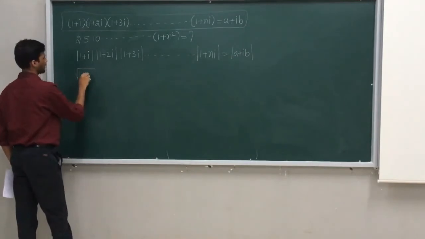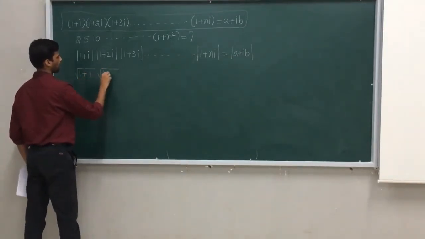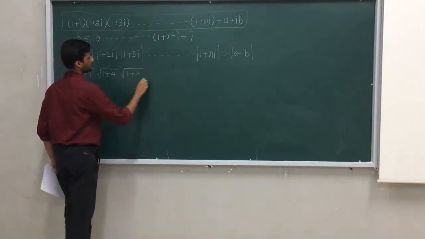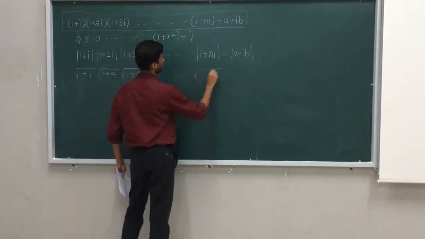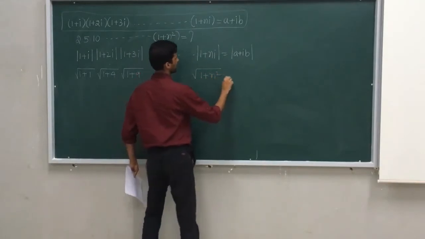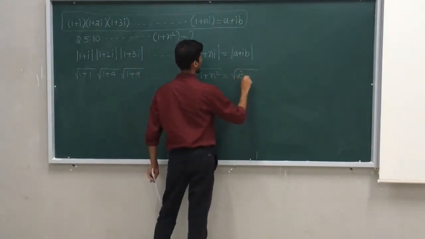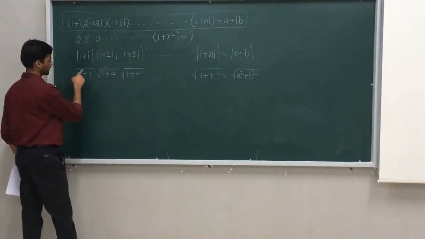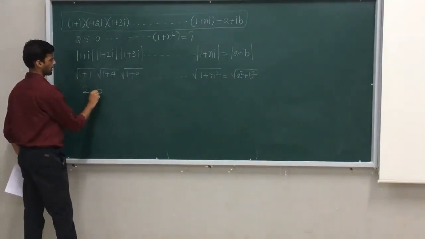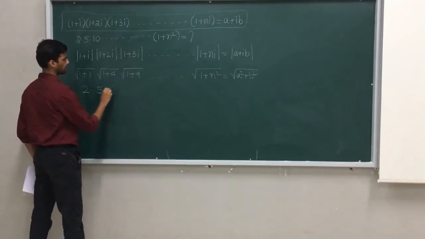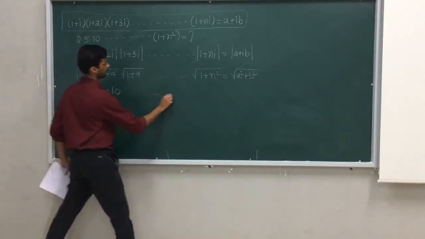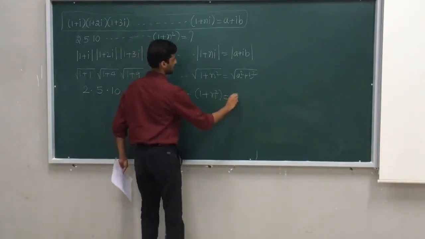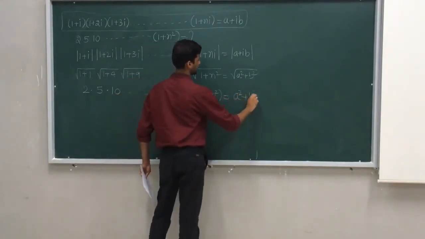Square root of 1 plus 1, square root of 1 plus 4, square root of 1 plus 9, up to square root of 1 plus n square, equals square root of a square plus b square. I take square on both sides. I got 2, 5, because the square root gets cancelled, then 10, and I proceed up to 1 plus n square. And here if you cancel, you get a square plus b square.